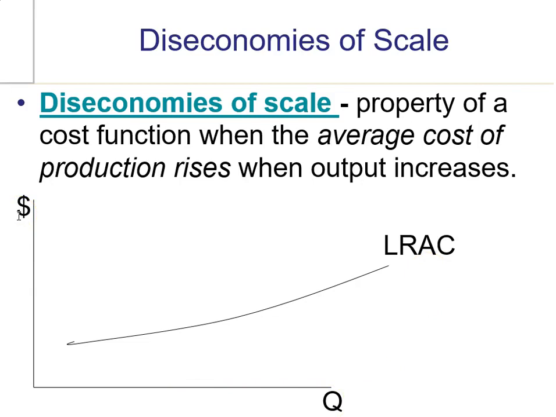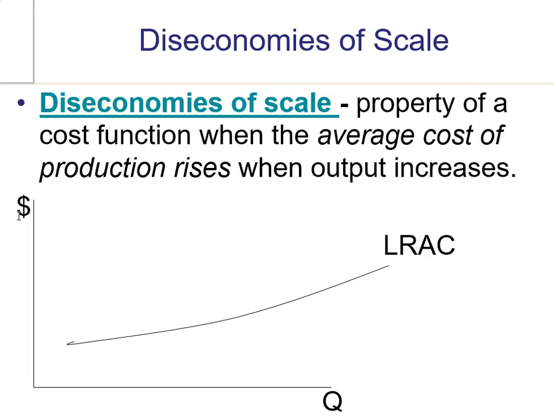So for example, back in the 1980s and 1990s, General Motors was the largest auto company in the world. General Motors has since downsized their production, sold off some of their brands that were not profitable, because they found that they were having diseconomies of scale, or their average costs were rising as they produced more and more vehicles.